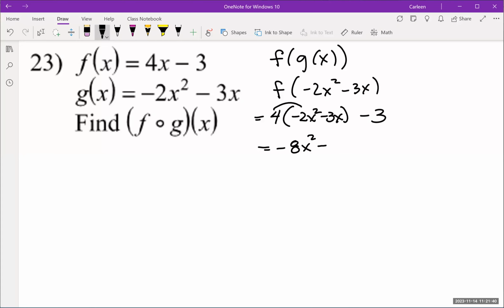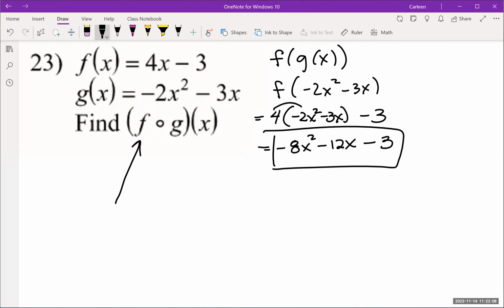Negative 8x squared minus 12x minus 3. Done. So see how 22 is much harder than 23, because you want the simpler expression to be the first letter. And then it's not that bad. We're just distributing and combining like terms.